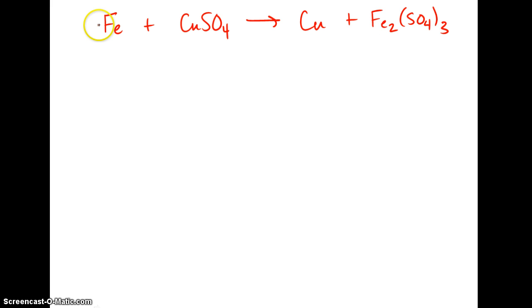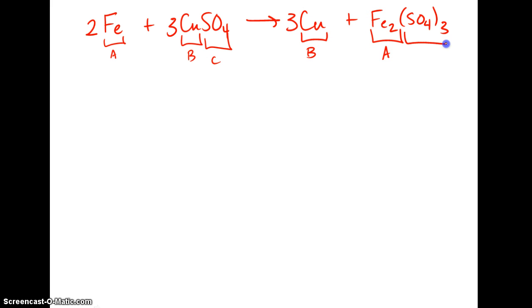So we want to make sure that we balance it. We do that by adding the big numbers in front. And pretty soon you notice, oh, this is an A, this is a B, C, this is B, this is A, C. And so I can tell that this is a single replacement equation.